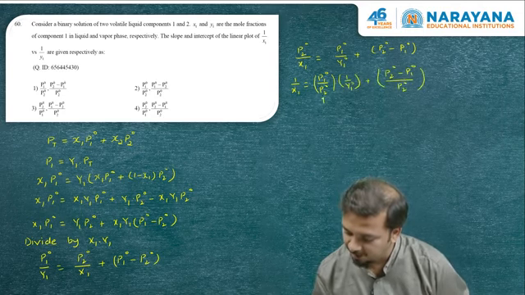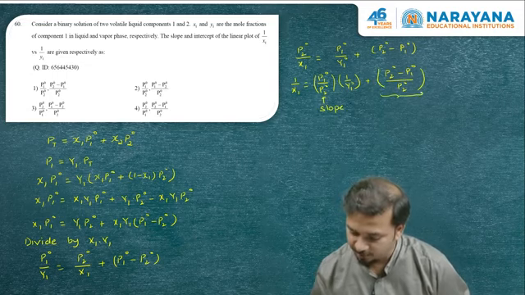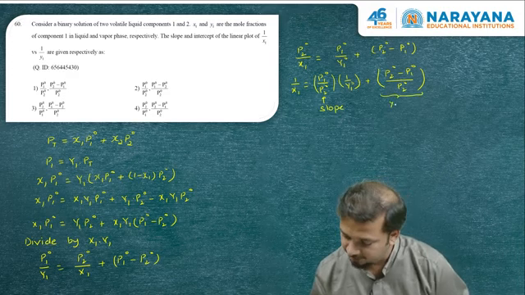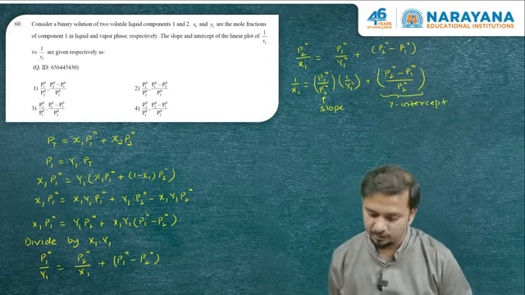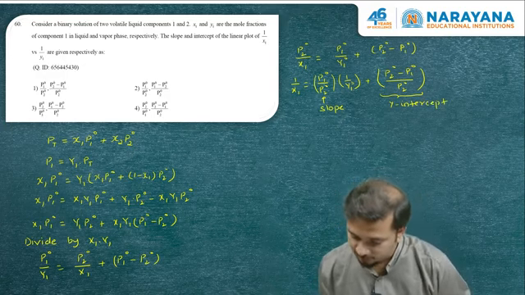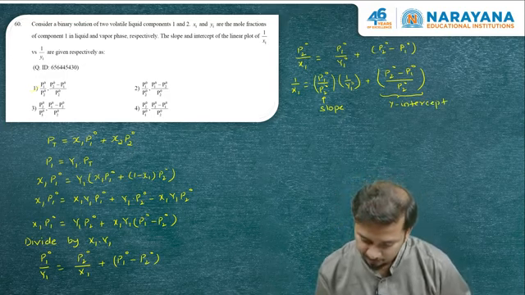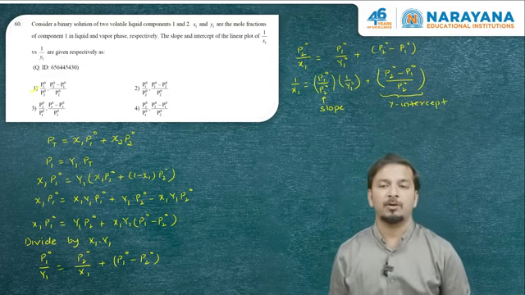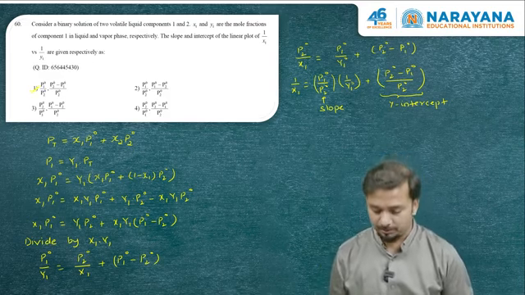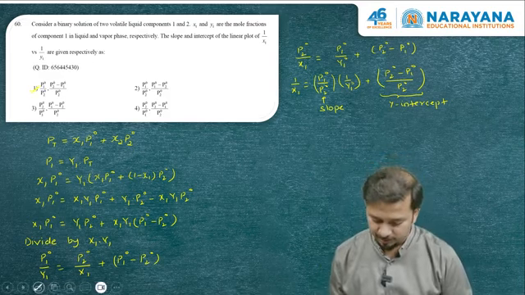So, this will be our slope and this will be our Y intercept. So, correct answer will be slope is P1 naught upon P2 naught and intercept is P2 naught minus P1 naught upon P2 naught. So, correct answer is option 1.